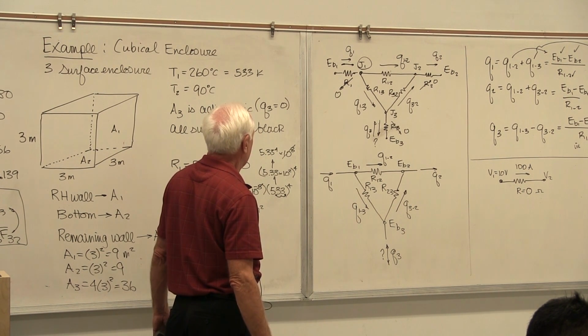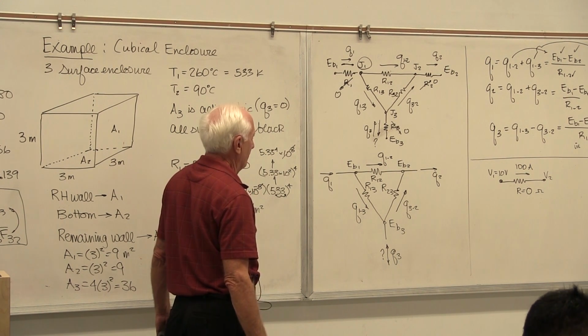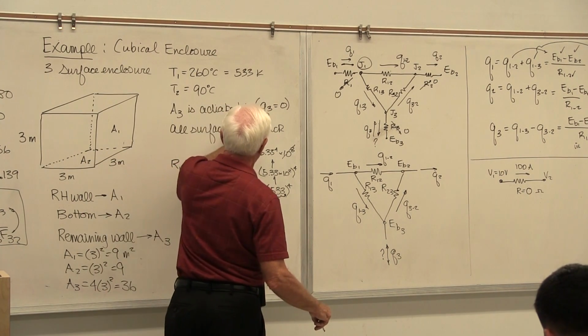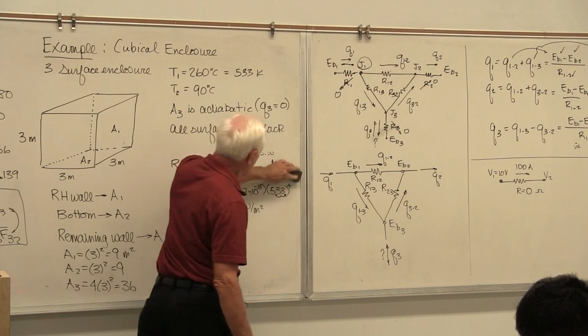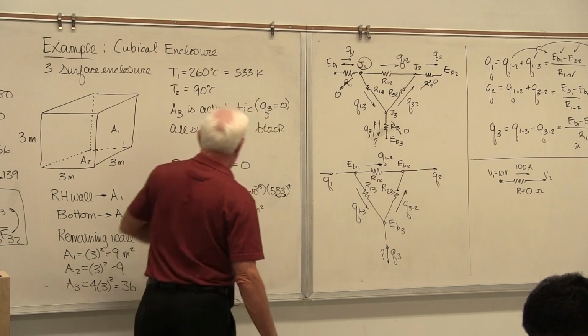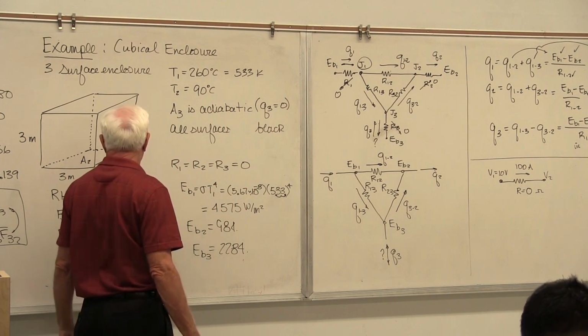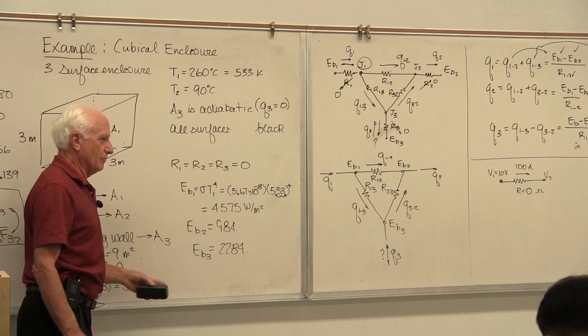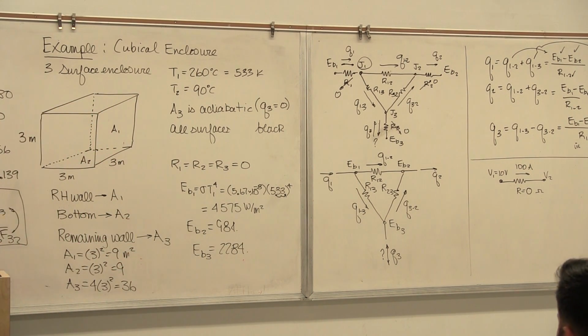Adiabatic. Let's assume that they're all black. All surfaces black. Did the EBs change? Of course not. Did the resistances change of R1, 2, R13, and R23?